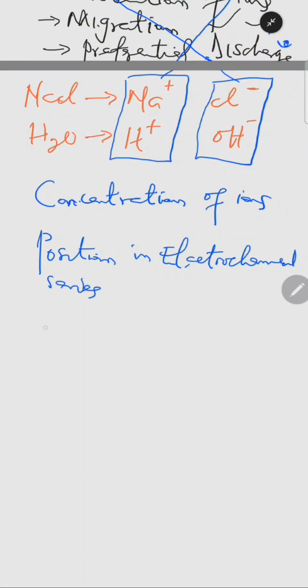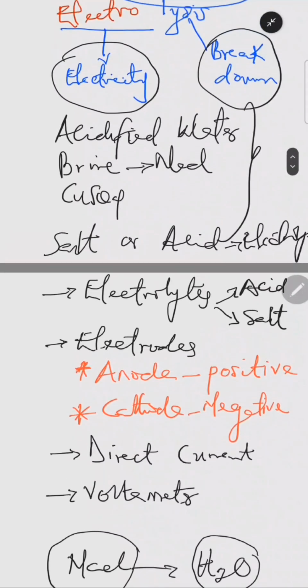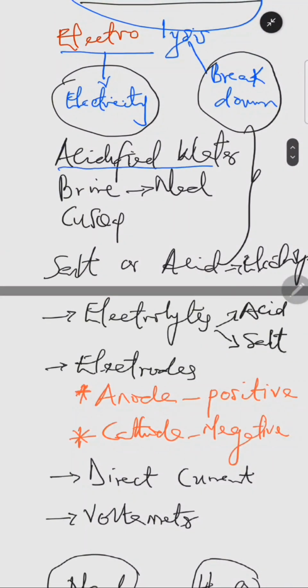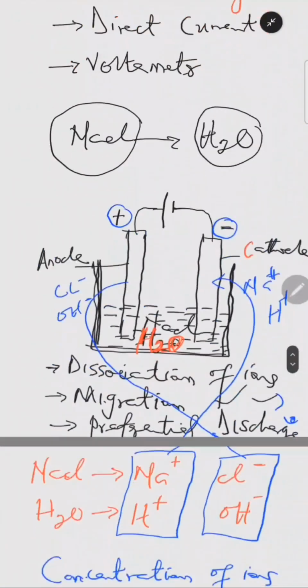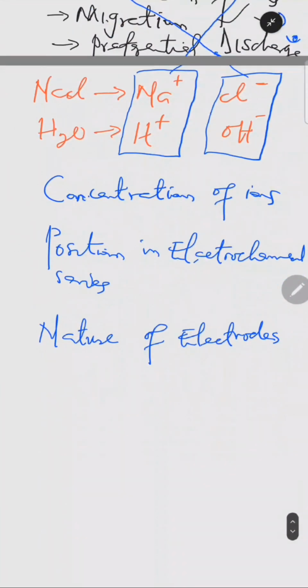And the third point is nature of electrodes. Now, this electrolysis that we are considering, like I said earlier, is electrolysis of brine, which involves sodium chloride. And this sodium chloride is concentrated. So the concentration of ions will come into play, and other things that will be considered later.